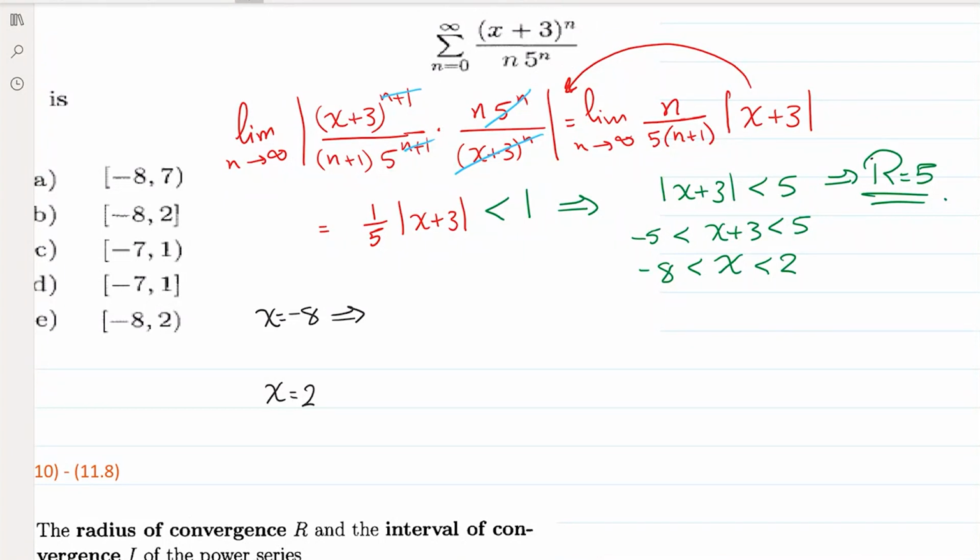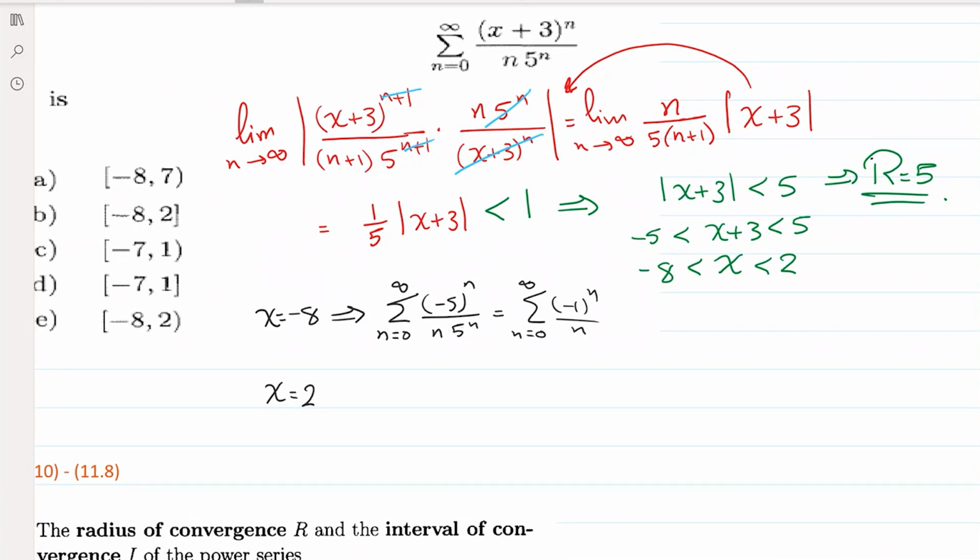So if x equals -8, the series will be the sum from n equals 0 to infinity of (-8 plus 3), which is -5 to the power n, over n times 5 to the power n. After you simplify it, it will be the summation from n equals 0 to infinity of (-1) to the power n over n.